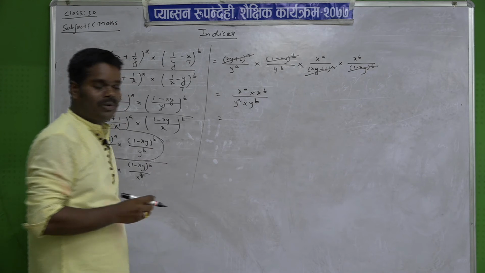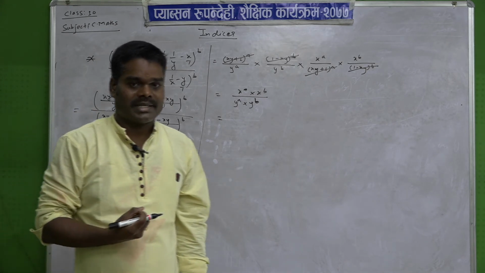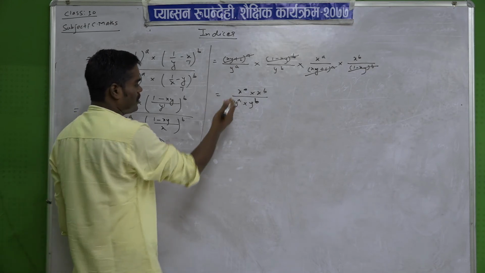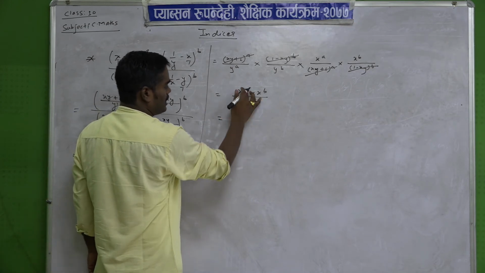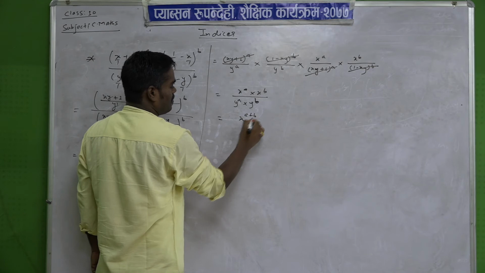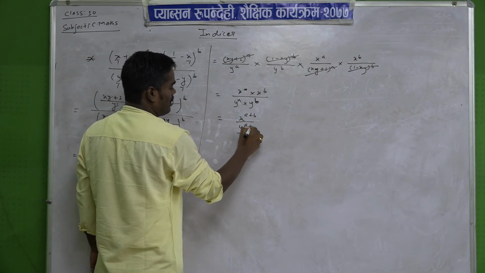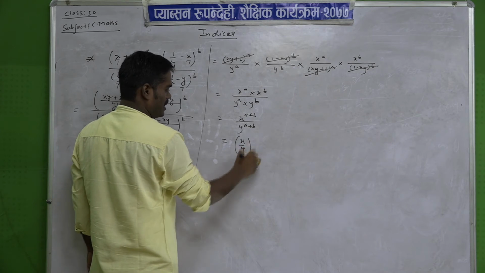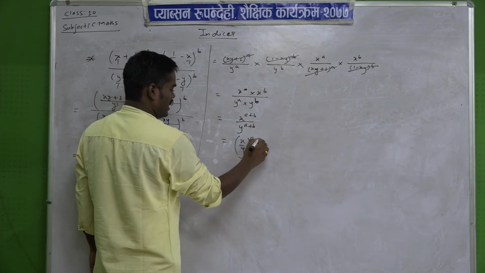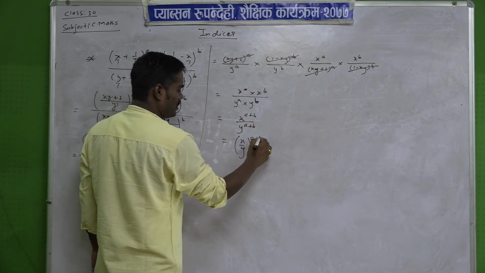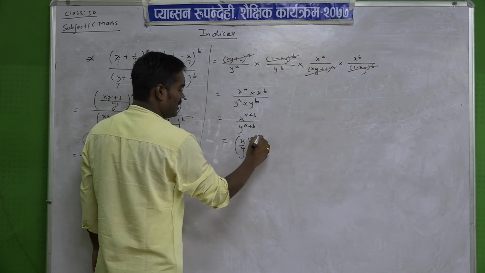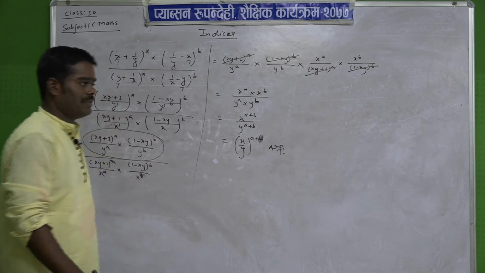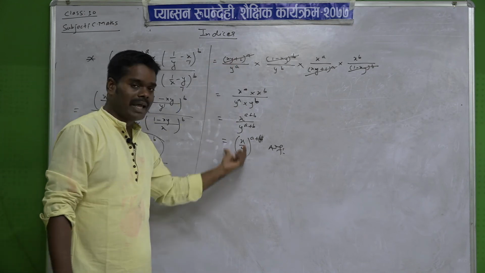We know the rule, if bases are the same then powers are added, using the product law. So, x power a plus b over y power a plus b. You can write it in whole form because both powers are the same, so x upon y whole power a plus b. So, this is the answer.